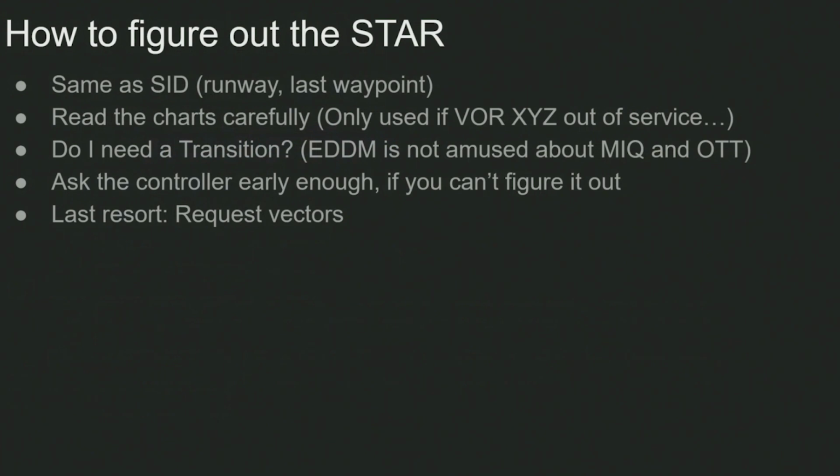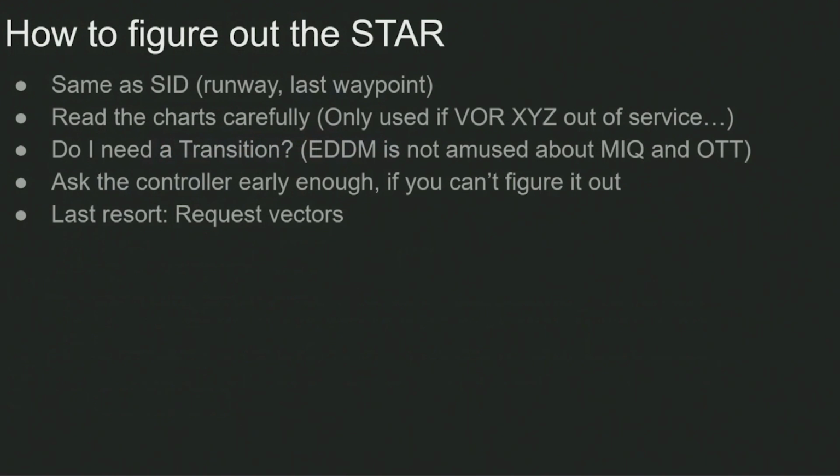Well, unfortunately, it all comes down to experience. The important thing is to just understand that you have to know your clearance limit points. And that means, just like you said in Munich, you do not go beyond these points unless you get the transition clearance or radar vectors or whatever.